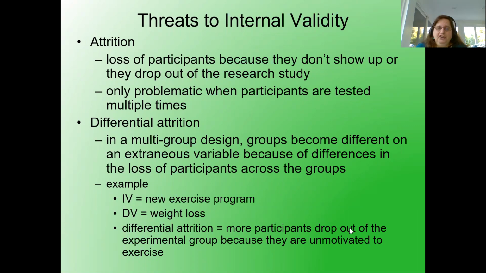Now, differential attrition is the idea that more participants are likely to drop out of the experimental group than the control group because they're unmotivated to exercise, right? Let's say the control group is something a lot easier, like taking a placebo pill, taking a sugar pill, or what have you, right? Well, or doing nothing. Well, that's a lot easier than actually starting a new exercise program. So you're more likely to get dropped out in those people who are in your exercise group. Okay.